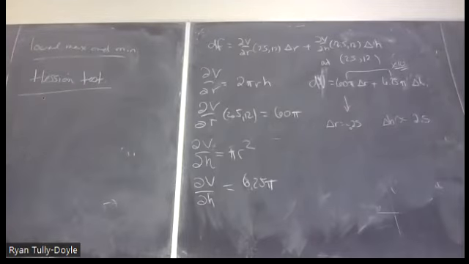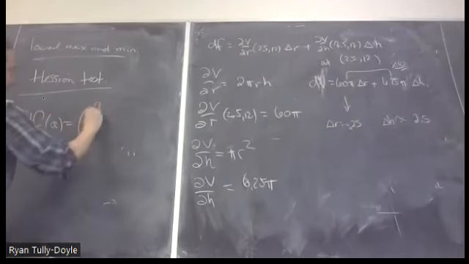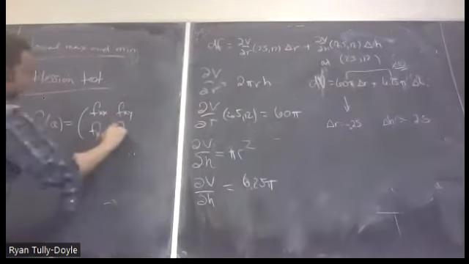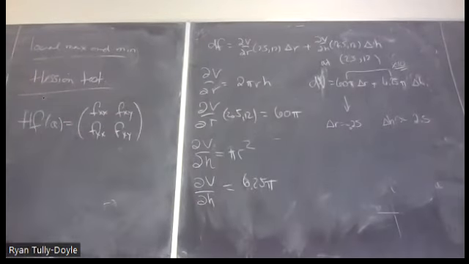The idea is that if you have the Hessian, if you have HF of A, and say it's a 2 by 2 example here, fxx, fxy, fyx, fyy. And you want to do it the way that Colley does it, which a lot of you did on your homework. The way that you do it is you test to see, is this positive? And is the determinant of the whole thing positive?